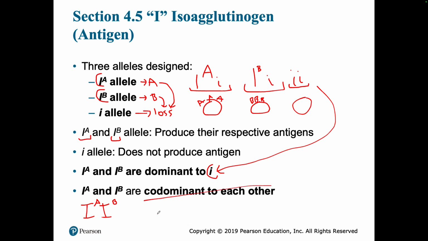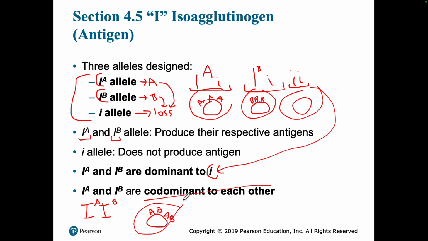And what that means is that somebody who has AB blood will, just like with our MN, put A and B on the surface. So we have three different alleles, and we can get four different phenotypes: A, B, O, and AB.